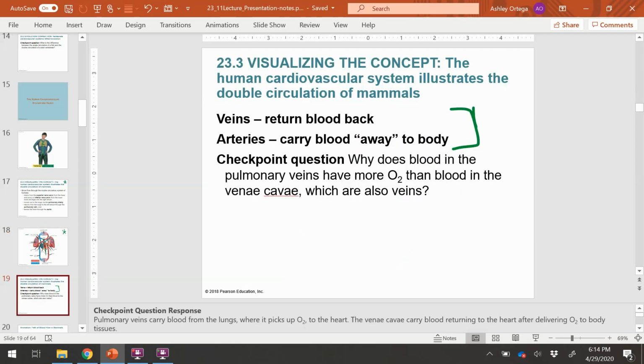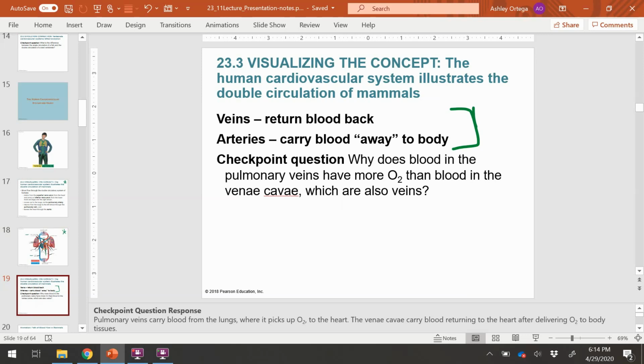And so keep in mind two main ideas: veins will always return blood back to the heart, and arteries will always carry blood away from the heart, to the body, or in some cases to the lungs.